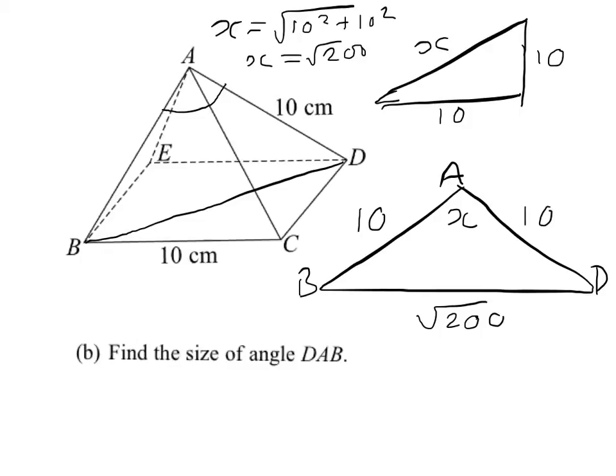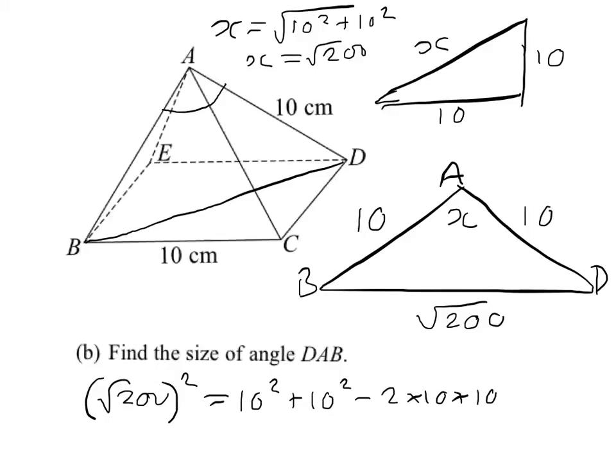So we can use the cosine rule to do this. So the cosine rule, you can look it up at the front of the booklet. It will tell us that the square root of 200 squared will equal the other two sides squared and added together minus 2 times 10 times 10 cos x.